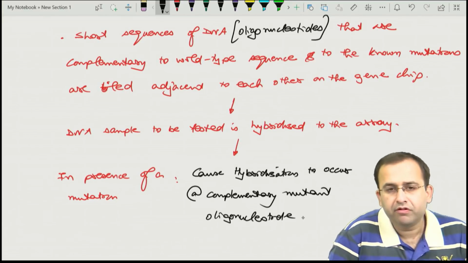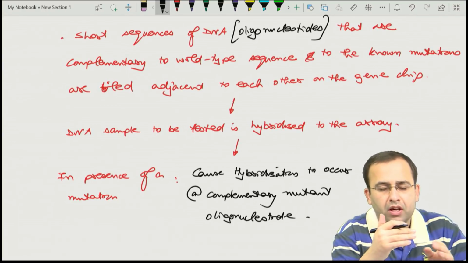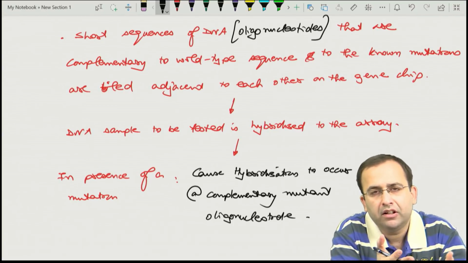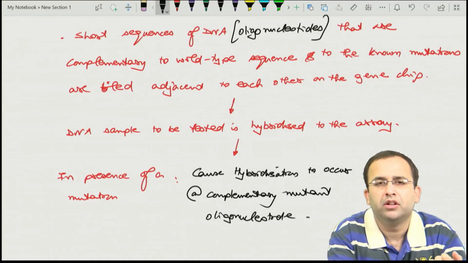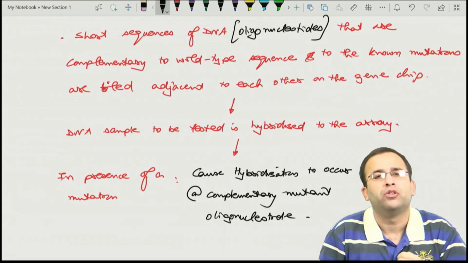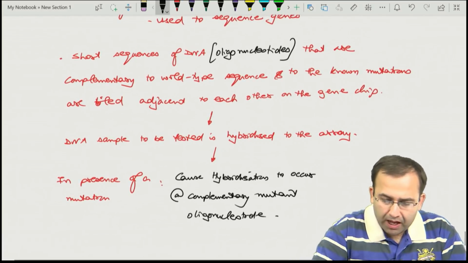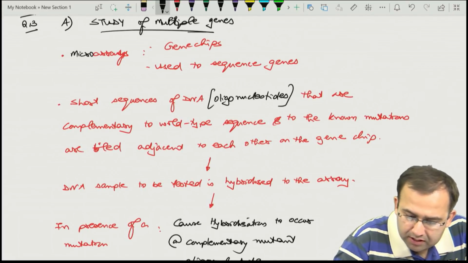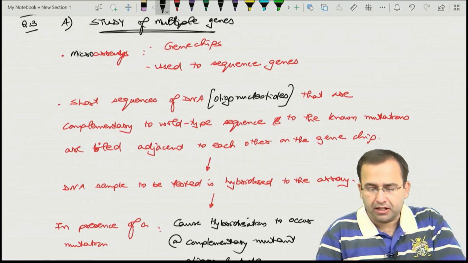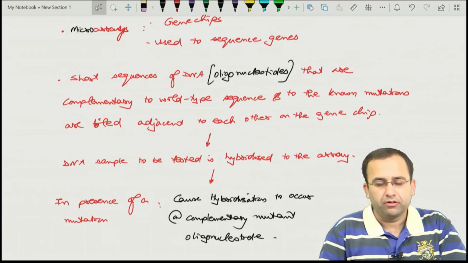That is, if there is no mutation, hybridization will occur to the wild type, whereas if a mutation is present, hybridization will occur to the complementary mutant oligonucleotide. So by the microarray technique, a study of multiple genes is performed together.